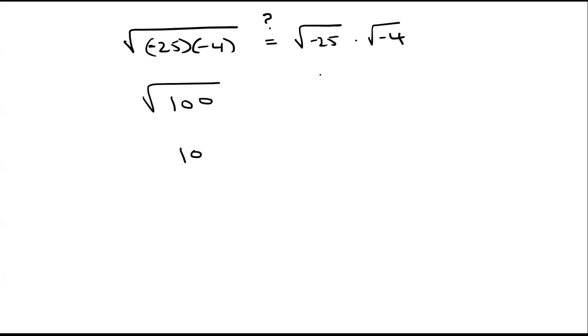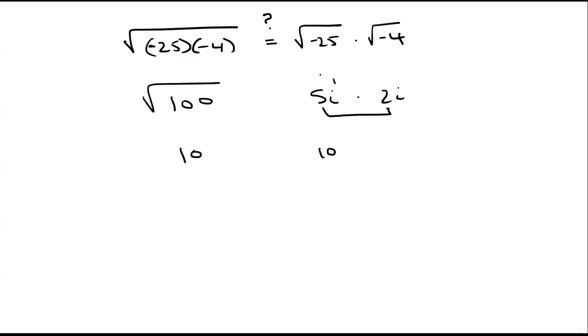On the right side, we just learned, based off the definition, that the square root of negative 25 is going to be 5i, and the square root of negative 4 is going to be 2i. If we multiply the ones, 5 times 2, that's going to give us 10.